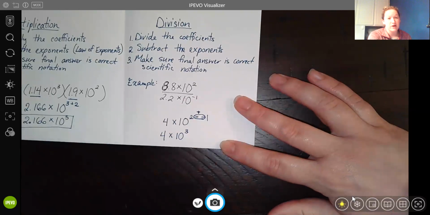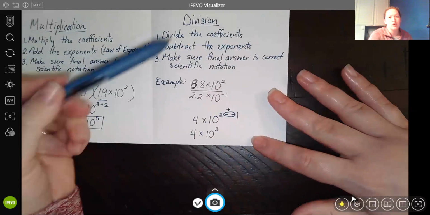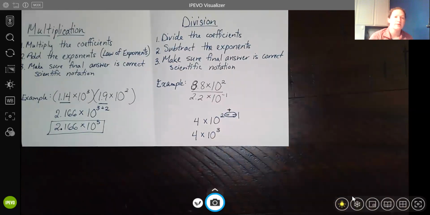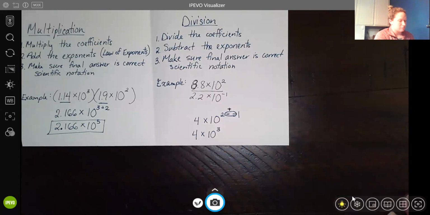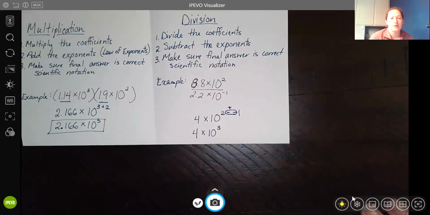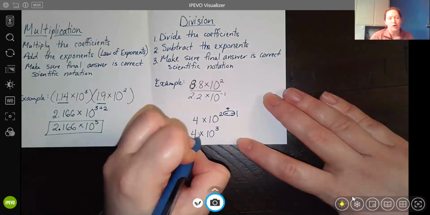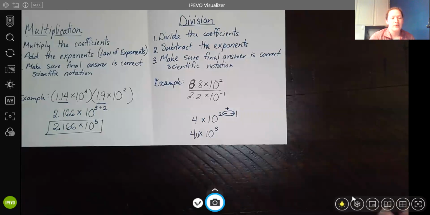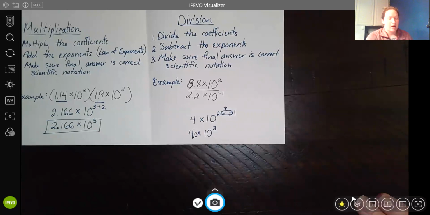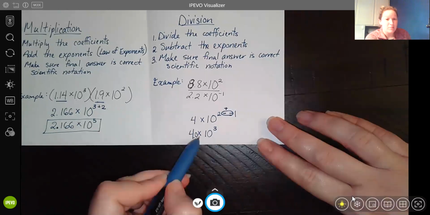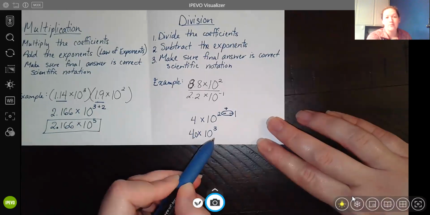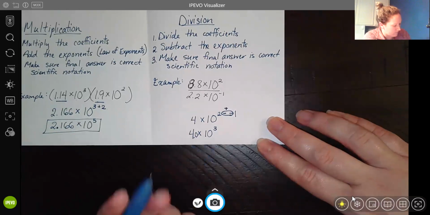Now, my final step, I just want to make sure that my final answer is in correct scientific notation. The only number in front of the decimal is 4. If you wanted to write it as 4.0, you could, but the important thing is that you only have one number there. Then I have my multiplication sign and my power of 10.